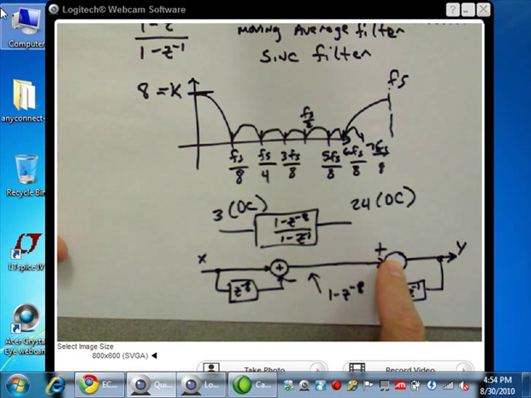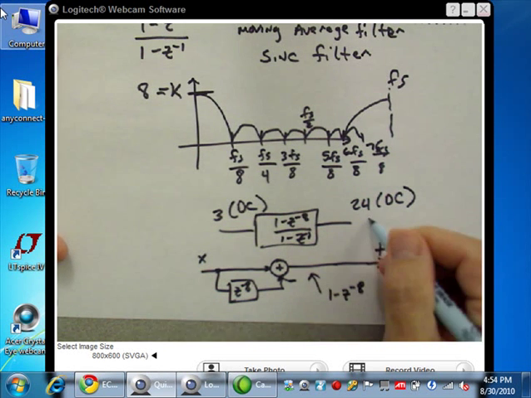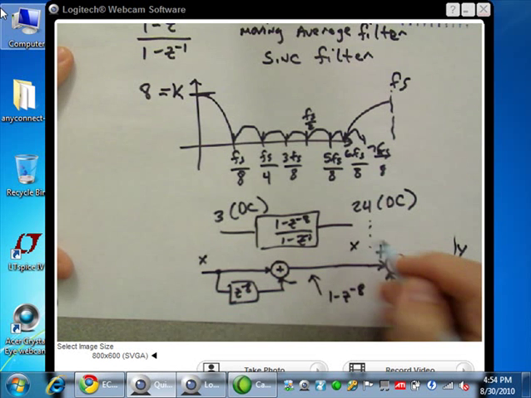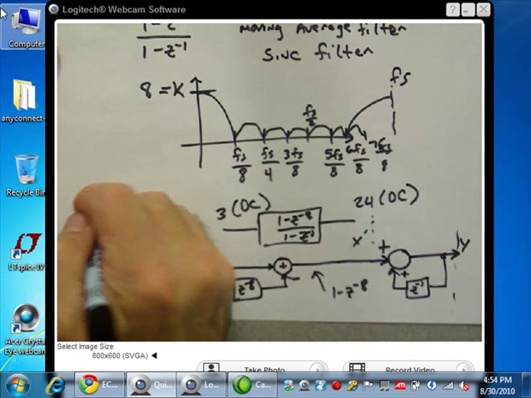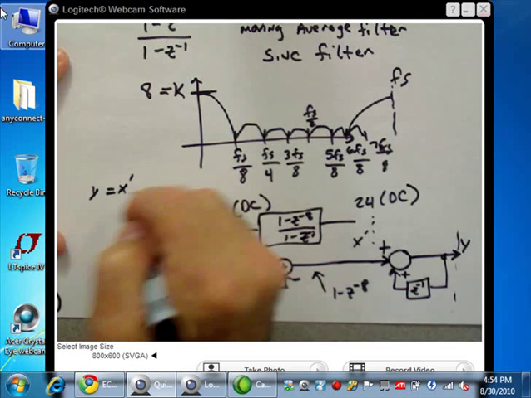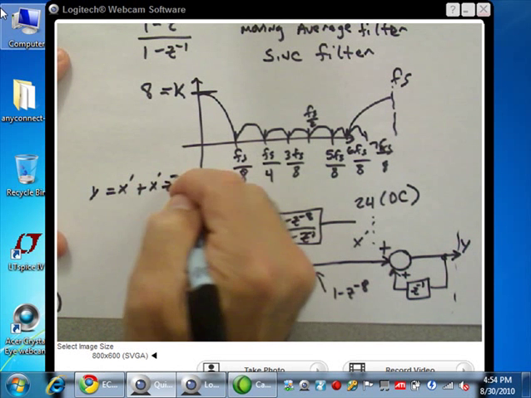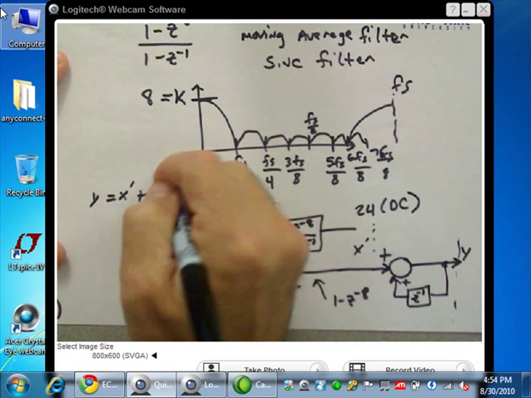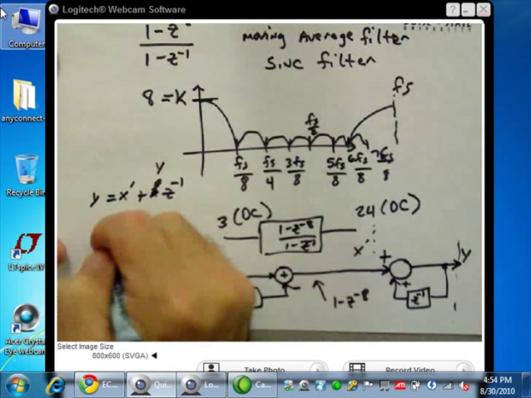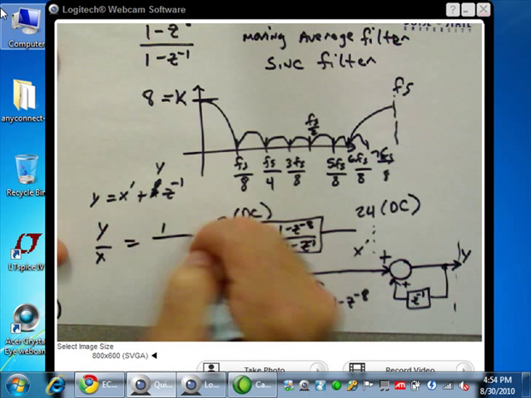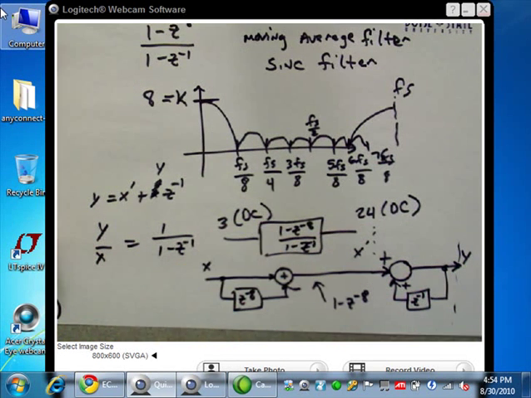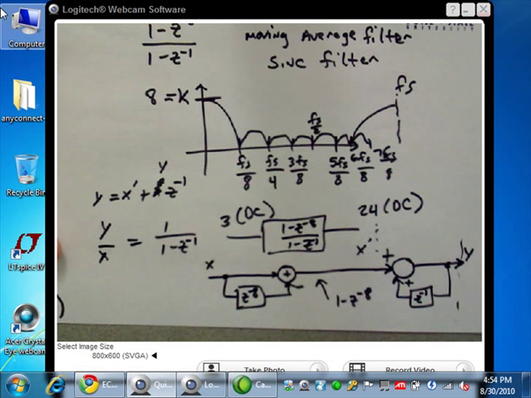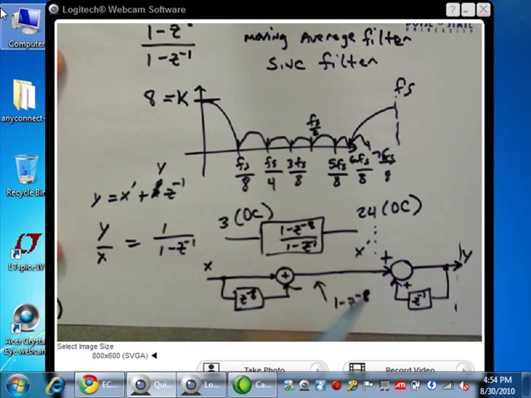And yeah, so this thing, let's just verify that real quick. Let's call this x prime. So y is equal to x prime plus x prime z to the minus 1. Right? Whoops, I got a mistake. This is y. Right? And so y over x equals 1 over 1 minus z to the minus 1. And this circuit implements this.